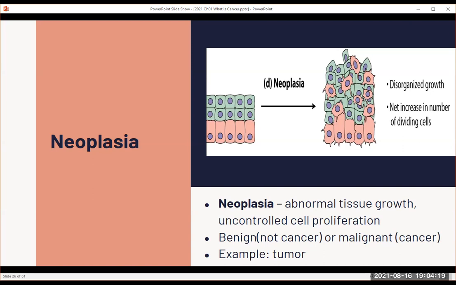And when we talk about benign, it's not necessarily cancer yet. And it may never become cancer. It's just an abnormal tissue growth. But this neoplasia could also progress into a malignant cancer type. So some tumors are considered a neoplasia.